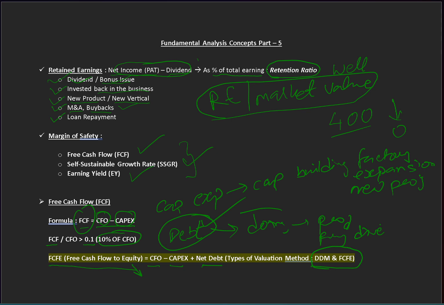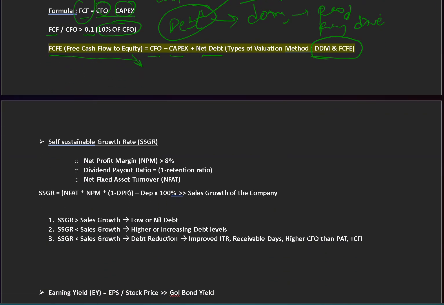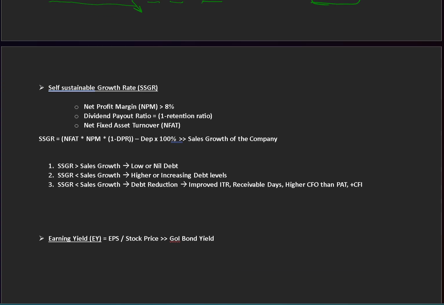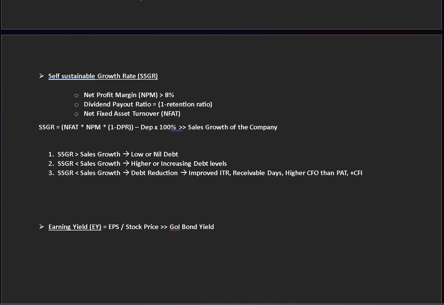Next we will go to the self-sustainable growth rate. Now what is self-sustainable growth rate? This term is not very popular in the market, but I'll tell you one thing. It is basically a growth rate in the cash, and this cash in turn supports the company operations.